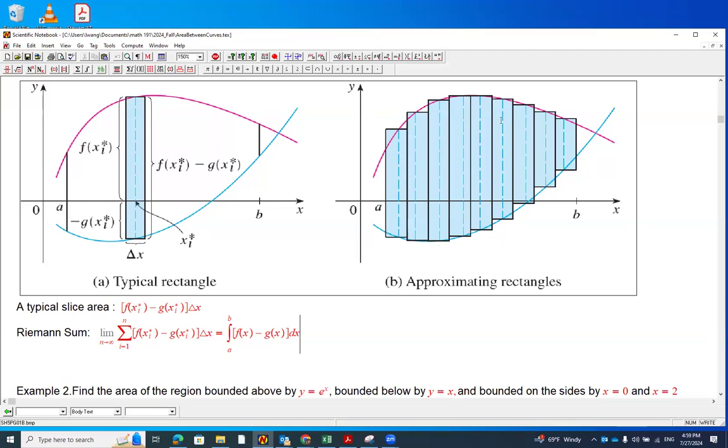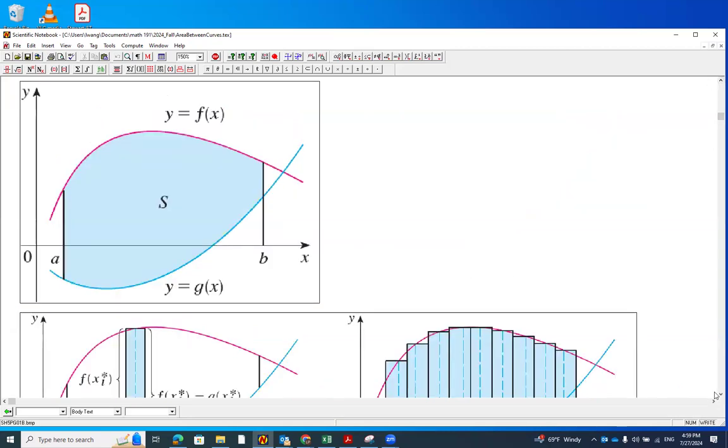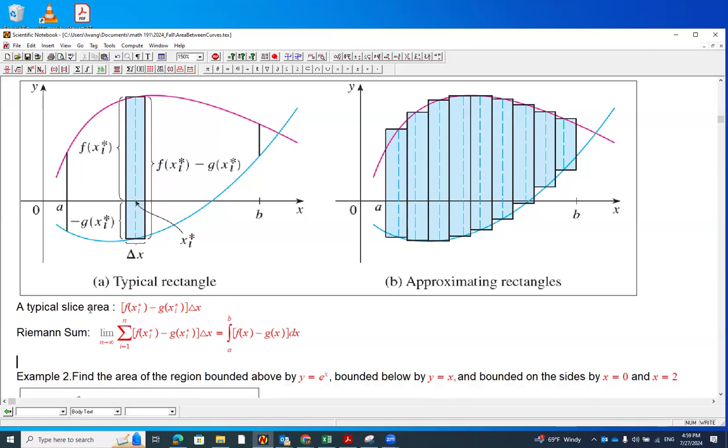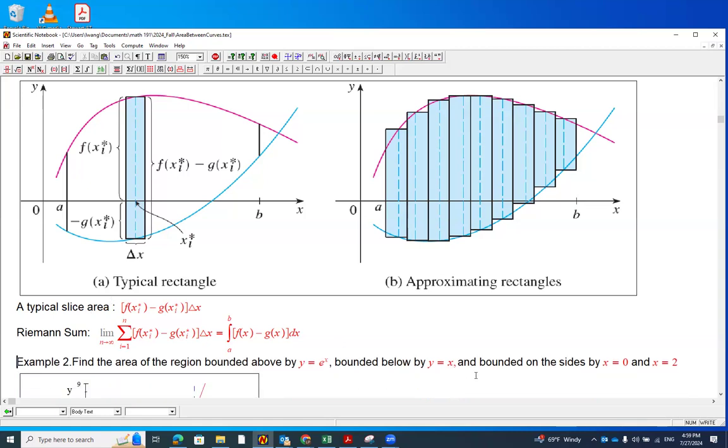And these two are functions consistently. So we're going to remember this and apply it to some examples. So now, how do we find area between the curves? Here's the formula, if it is under two functions.